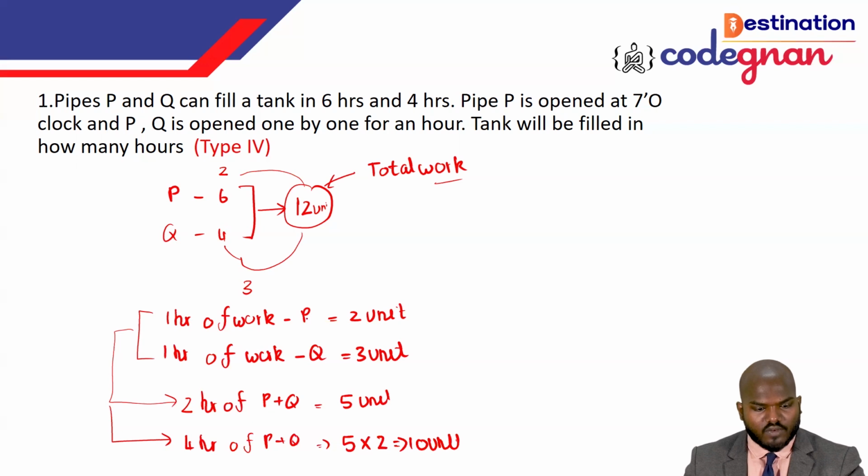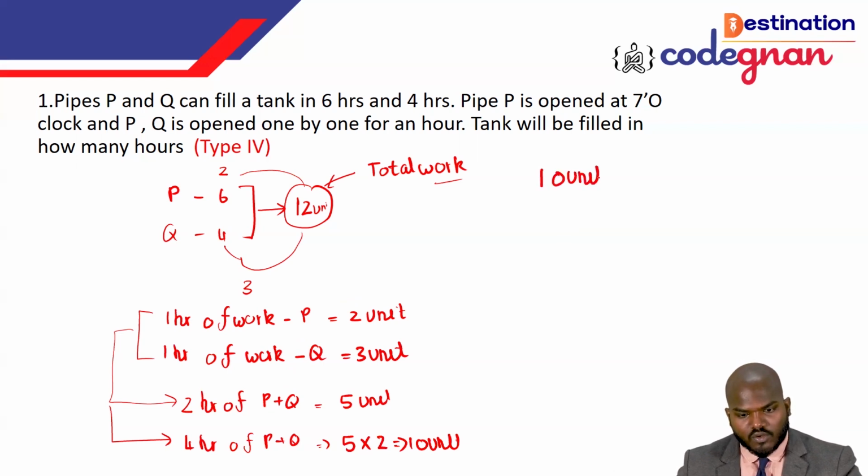To finish this particular question, 1 hour of work of P is equal to 2 units. If you want to finish the 2 units of work, you need to spend 1 hour. We have already finished 10 units of work in 4 hours, and 2 units of work in 1 hour.